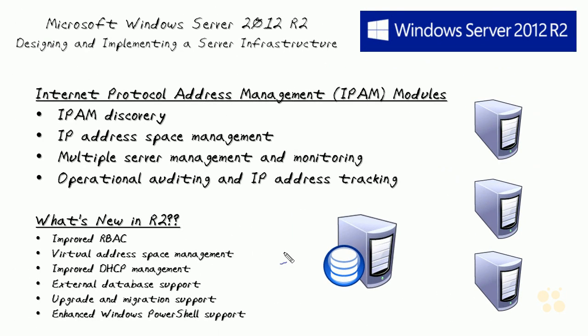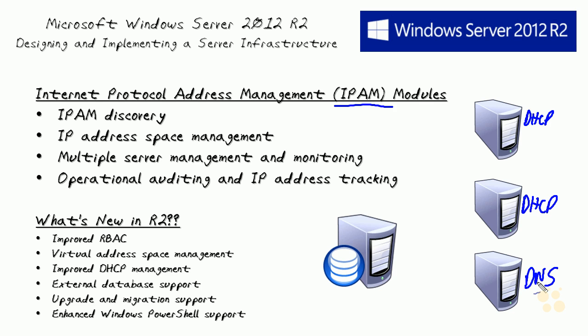Internet Protocol Address Management, or IP Address Management, or as we like to call it, IPAM, is all about managing your IP address allocation. Definitely in your enterprise level environments, your larger networks, because think about it, when you're managing IP addresses, perhaps you've got a couple of DHCP servers out here, and maybe I've got a DNS server out here, and you want to manage IP address scopes.